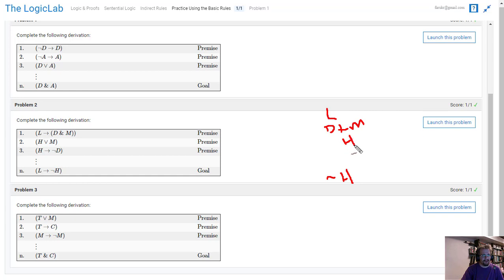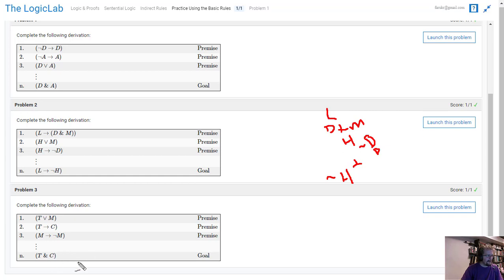I will assume H. I'm trying to get down to a falsum. Well, if H is true, then I can get not D from line 3. Not D. Well, the problem is, or rather, my solution is, the fact that here I have a conjunction D and M. So I have D and not D. There's my falsum. And then I'm done.